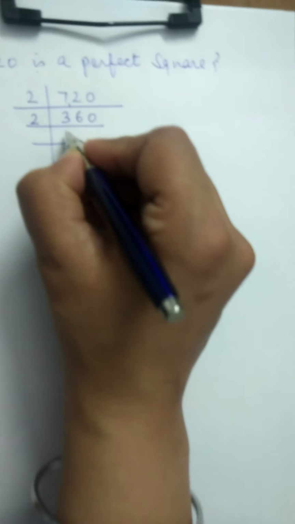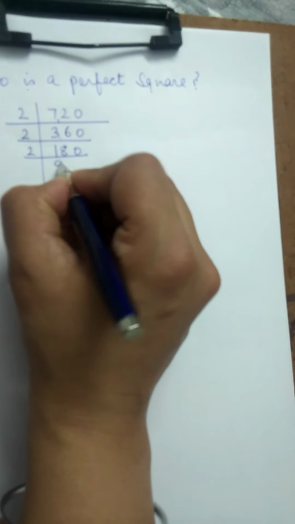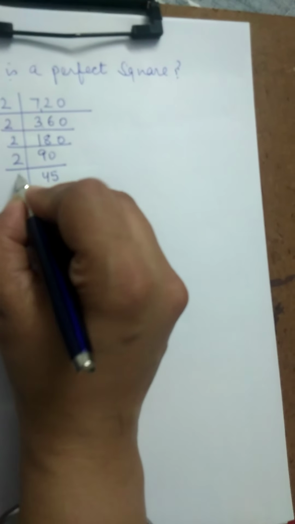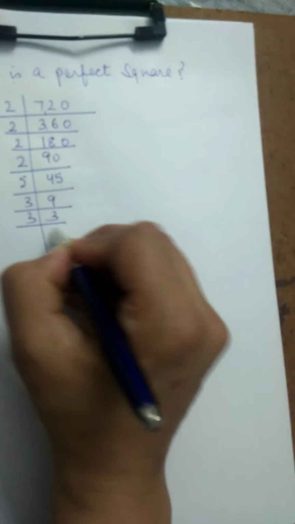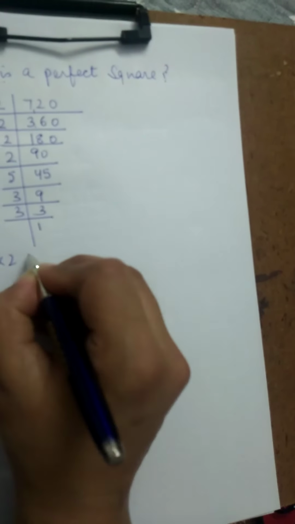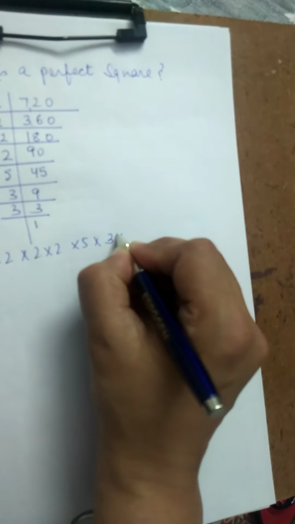Again 2. 2 1s are 2, 2 8s are 16. So 720 can be written as 2 into 2, 2 into 2 into 5, 3 into 3.